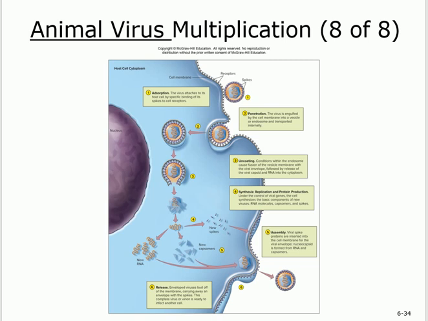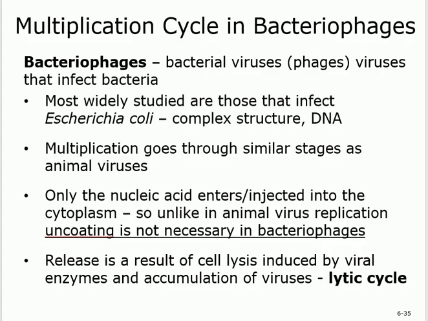Now you have the nucleic acid and you have the capsid, and then you leave. You leave by exocytosis, budding, or lysis. Okay. Bacteriophage. Bacteriophage means bacteria eaters or invaders. They invade the bacteria. They do not invade us.